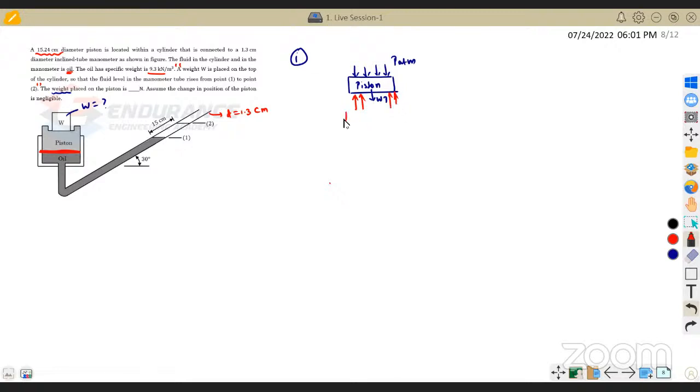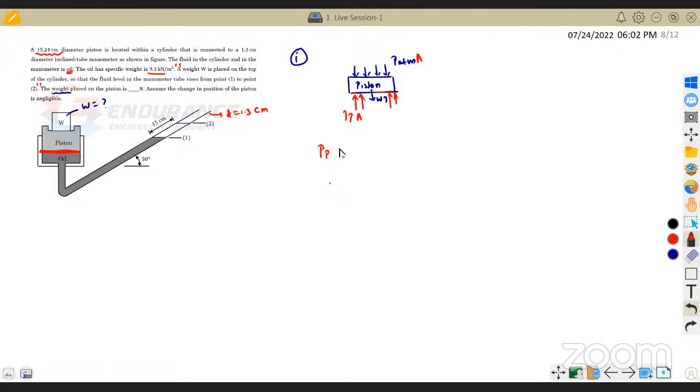I will take it as PP, the pressure at the base of the piston for the first case, when the weight is not added. We will consider the cross section area. PATM into A gives the force acting on the top side, and PP into A gives the force acting on the bottom side.